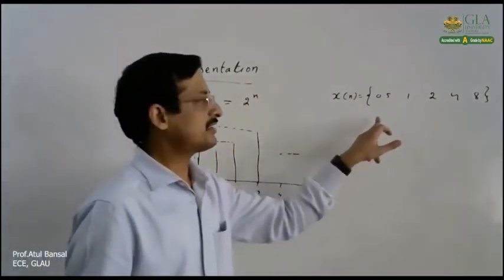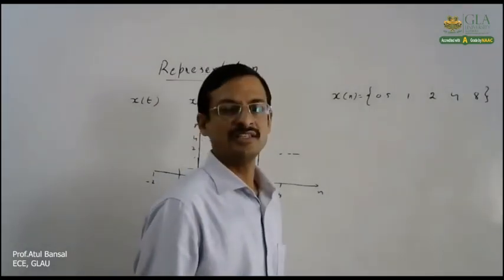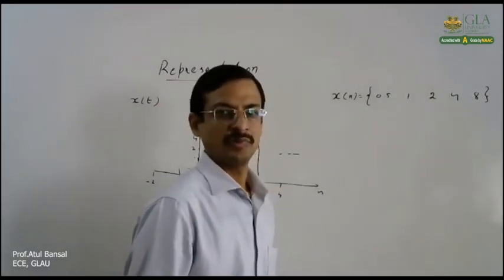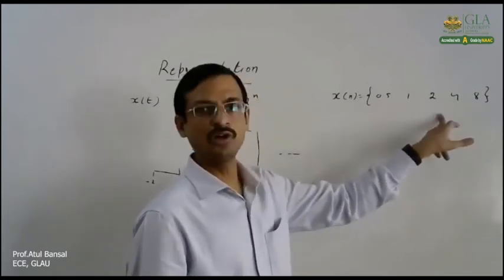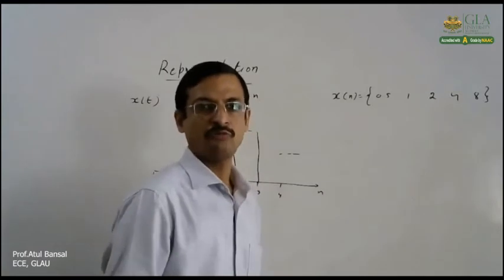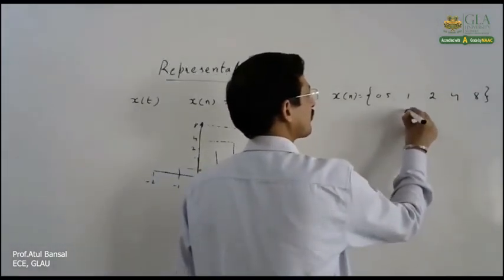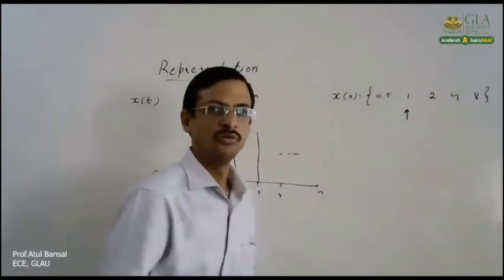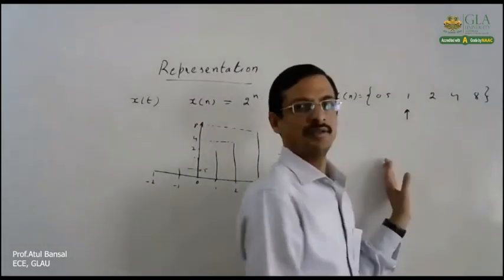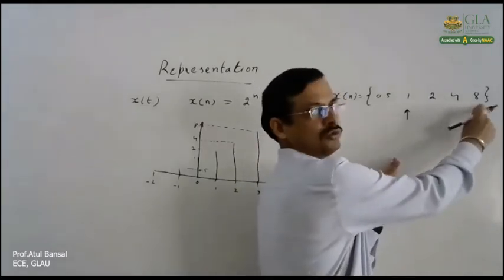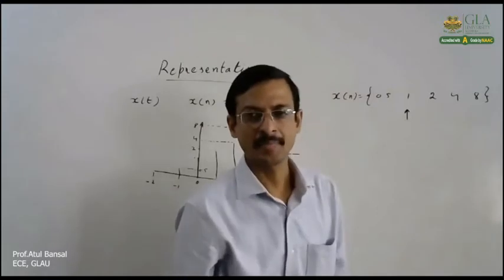Now here in this representation, there is one problem: what is the instant where n is 0? Whether it is at n equal to 0, at 0.5 or 1 or 2 or whatever. So for that, we mark an arrow below the value which is at n equal to 0. Then on the right hand side, this becomes n equal to 1, 2, 3 and so on. And on this side, minus 1, minus 2, like that.